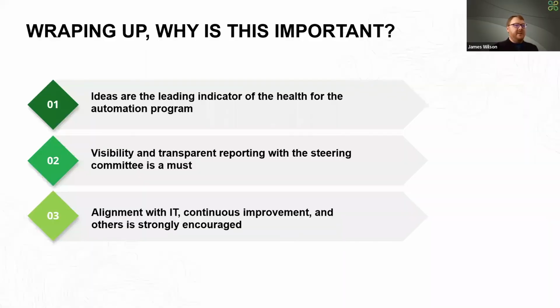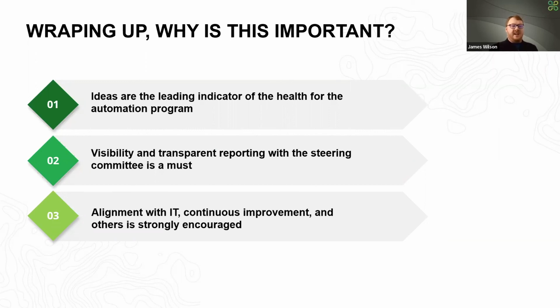With the few minutes left, I just want to wrap up and remind folks of the importance. From an executive level point of view, I want to share why this is important for an automation program and some other considerations. Remember, ideas coming into the pipeline is a leading indicator of the health of an automation program.